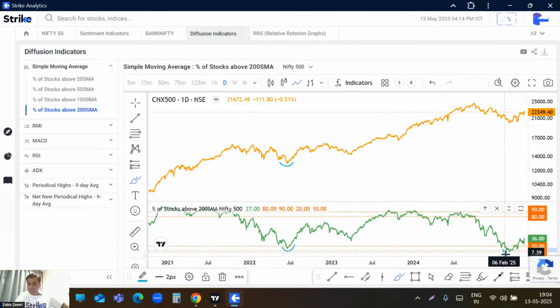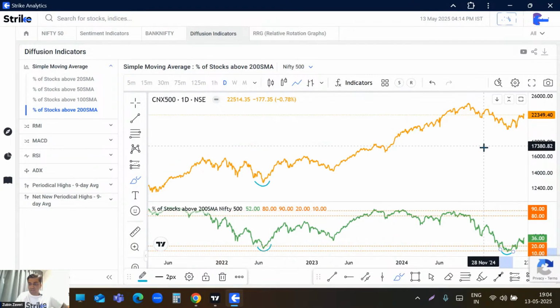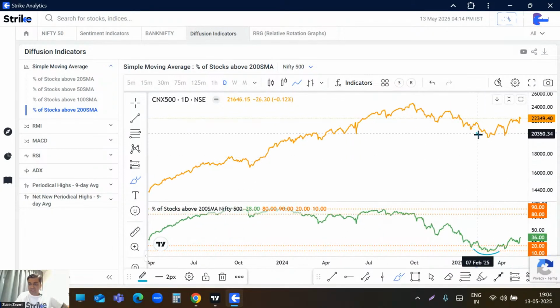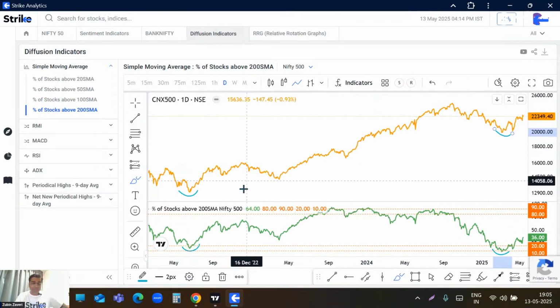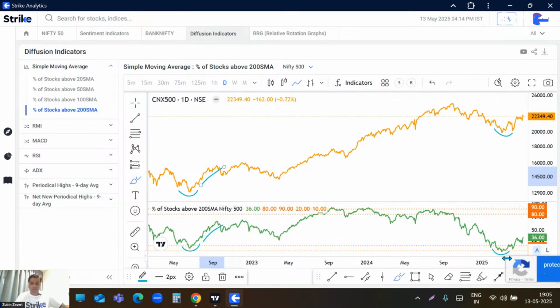Similarly, last month, March, April, this indicator was at its oversold levels, and yes, we got a nice, meaningful bottom over here. Because of this we still expect that, since the trend is also up, the market can still go higher. Something like this can happen over here.